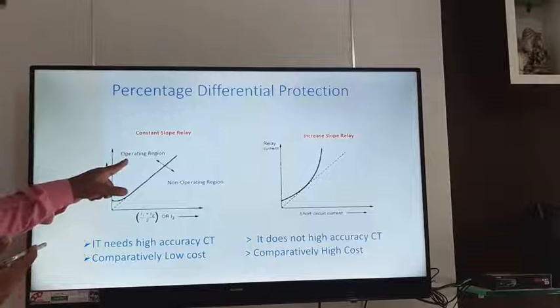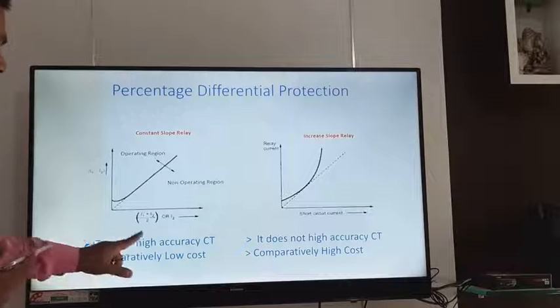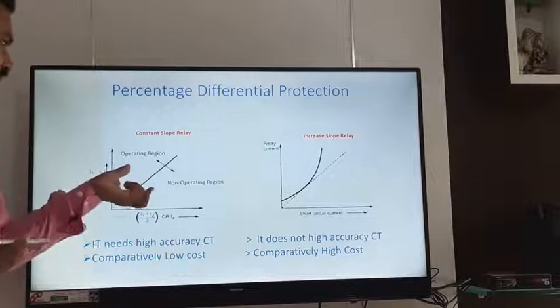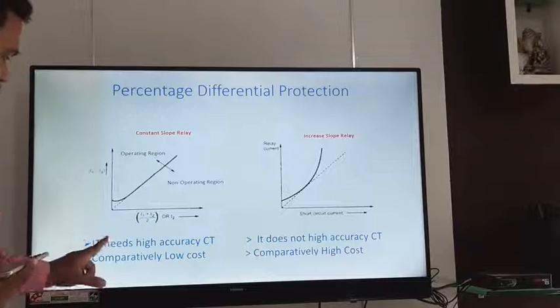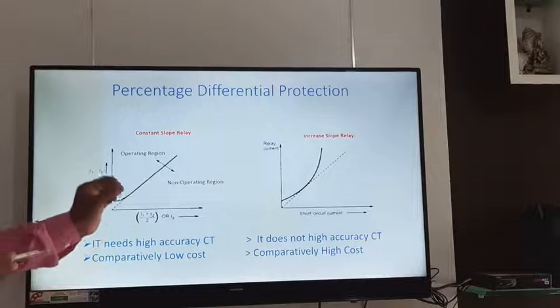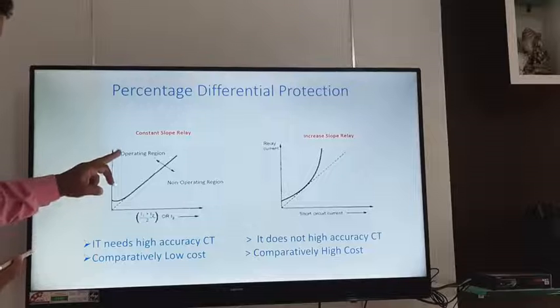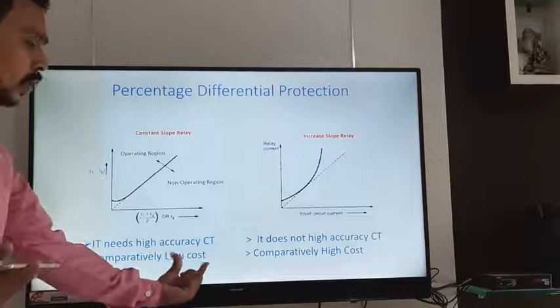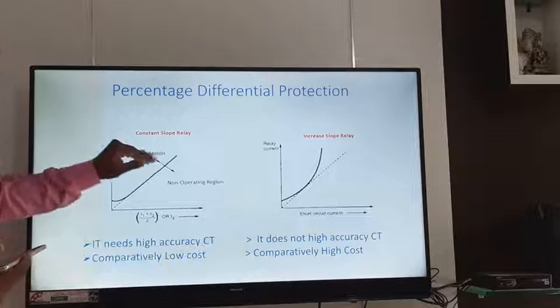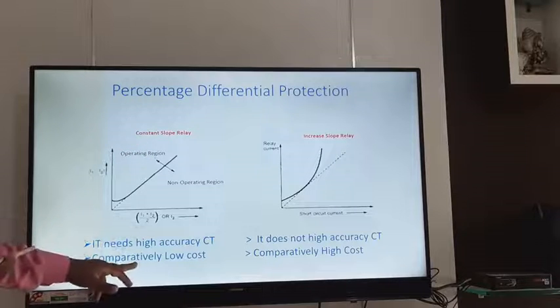If these two types of relay are used, what happens? The constant slope relay needs a high accuracy CT. So if we are using the constant slope relay, we have to use a high accuracy CT, but it is comparatively low cost. The cost when we are using a constant slope relay is low.